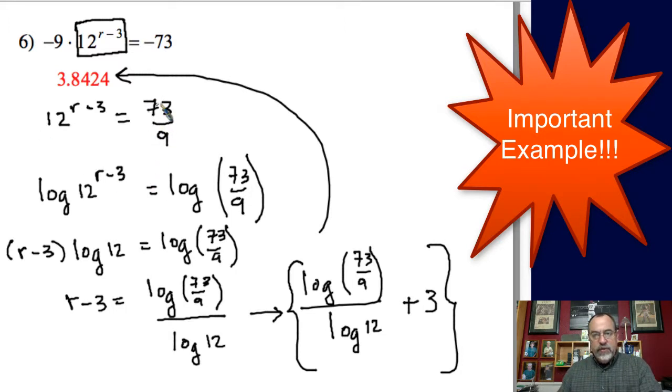If I took the decimal approximate up here of 73 divided by 9, and then took the logarithm of that, and then divided that by this decimal approximate, by the time I got down to here, this number is going to be a bit further off, and I'm not going to get 3.8424. I'll get something close, but it's not going to be quite as exact, because I've been using estimated numbers all the way back from step 1.